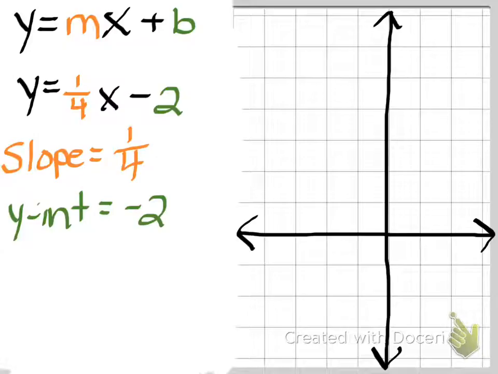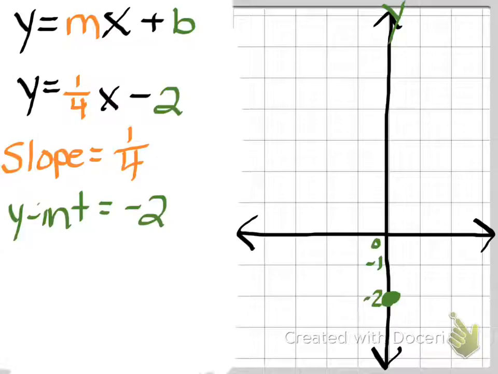Remember, our first step is to plot the y-intercept. I start at the origin, and I find where the -2 is on the y-axis, which is the one going up and down. If 0 is at the origin, then -1 is the first line underneath it, and -2 is the second one. So I'm going to plot my first point on the y-axis at -2.